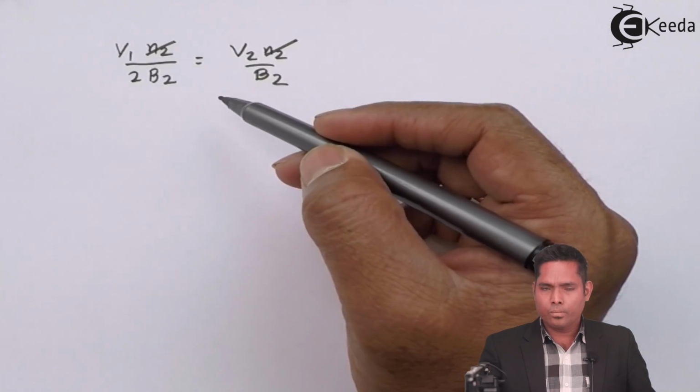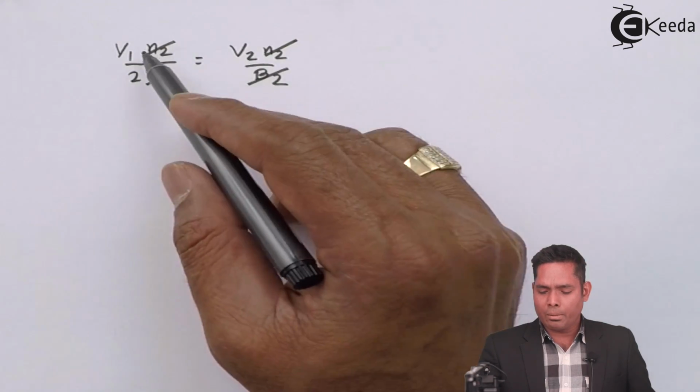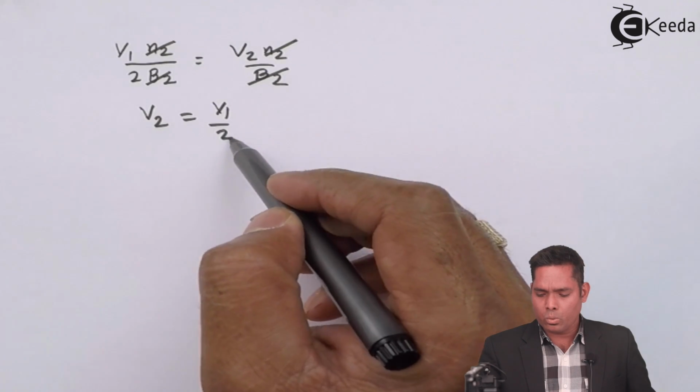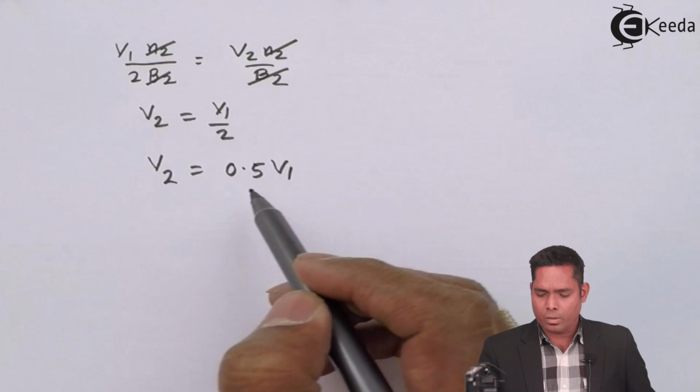N2 will cancel, B2 will cancel, and we are left with V2 is V1 divided by 2, that is V2 is 0.5 V1.